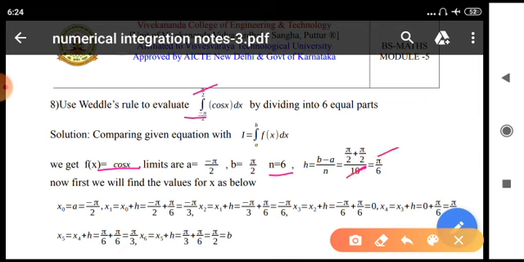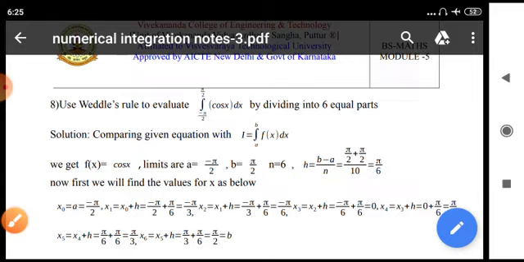So it will be 2 pi by 2, which is pi, whole divided by 6, which is pi by 6.